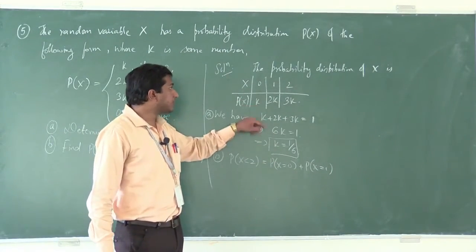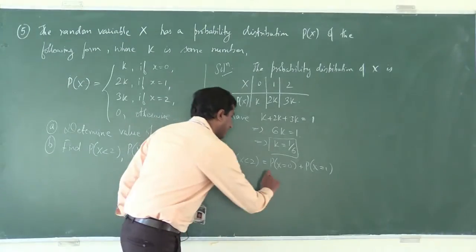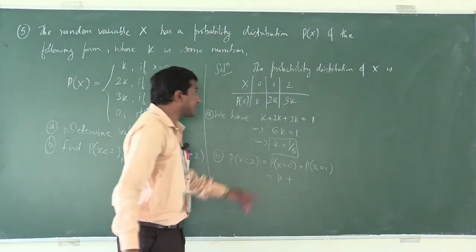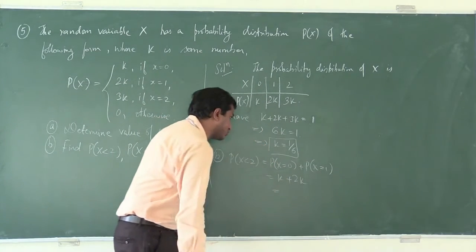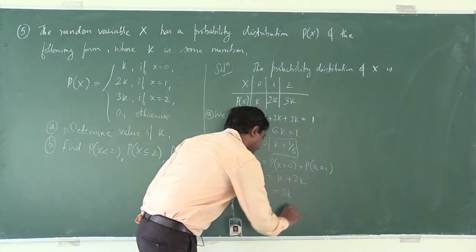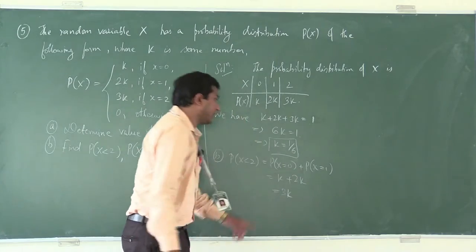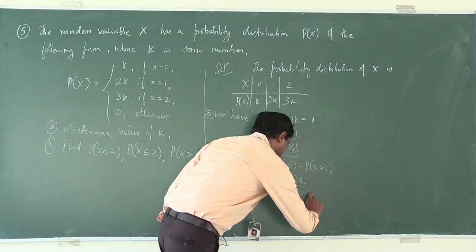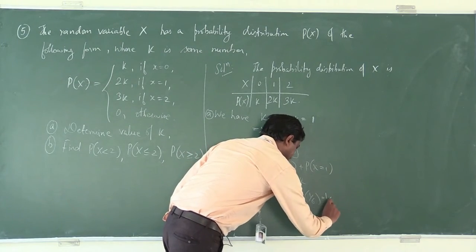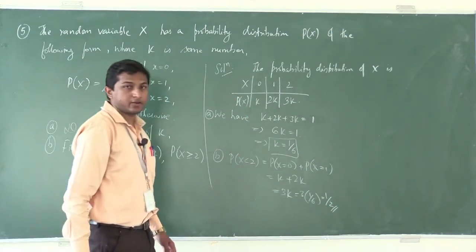What is the probability when x equals 0? It is k. What is the probability when x is 1? It is 2k. K plus 2k gives us 3k. Value of k we determined to be 1 by 6. So we get 3 into 1 by 6, which is nothing but 1 by 2.